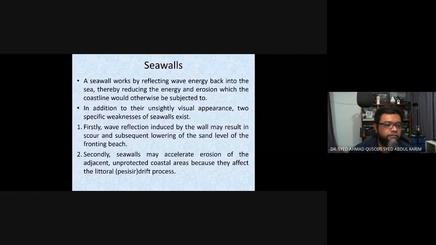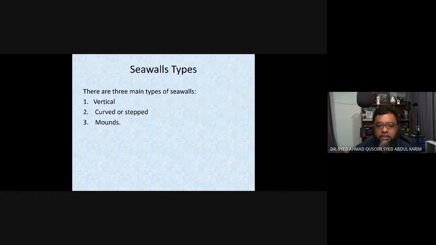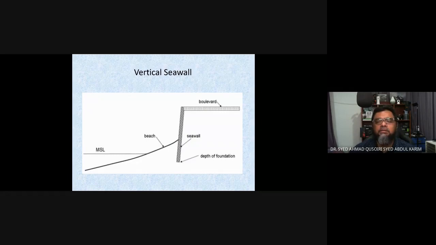Okay? In terms of type, we have three types: the vertical, the curved, and the step and rubble mound. So this is the vertical seawall. You can see it goes almost straight up.